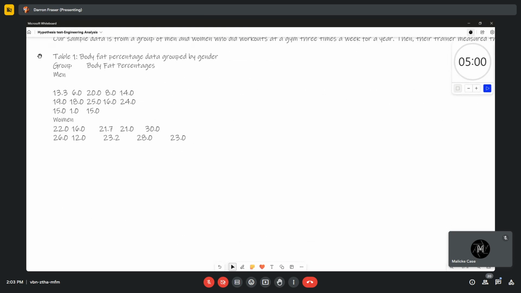So our HO in this case is mu 1 equals mu 2. The two means are equal. HA, what we want to find out is if the two means are not equal.